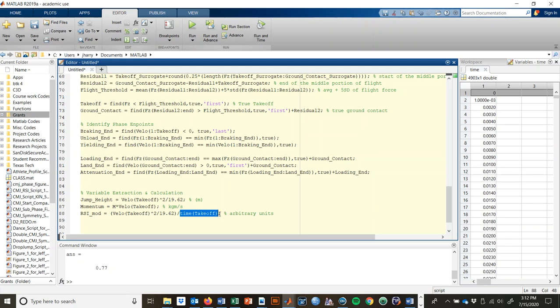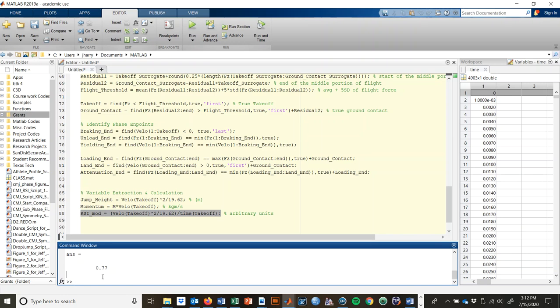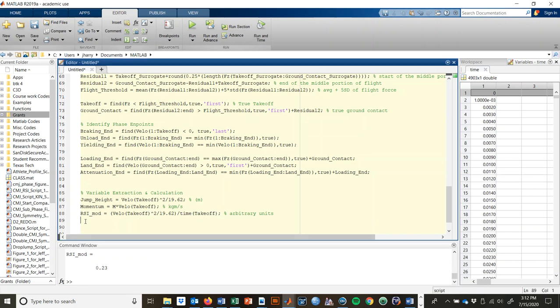So saying that's meters per second would be kind of inappropriate. So I call those arbitrary units, and because it's an index variable, it means the same kind of thing, arbitrary units. But when we calculate that, we'll see that RSI mod, the modified reactive strength index, is 0.23 arbitrary units.